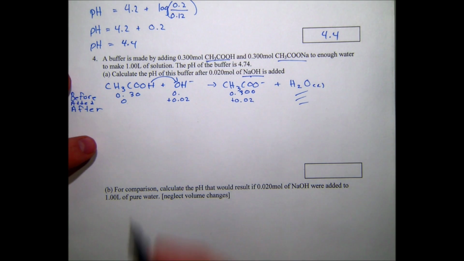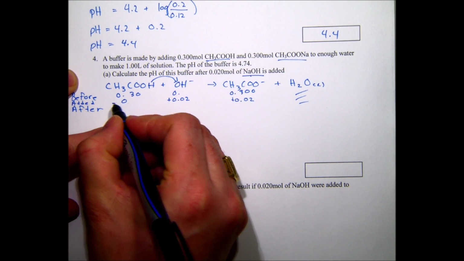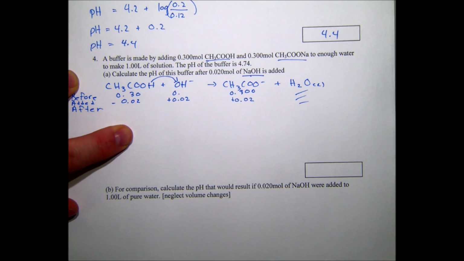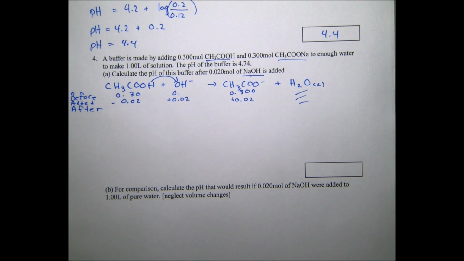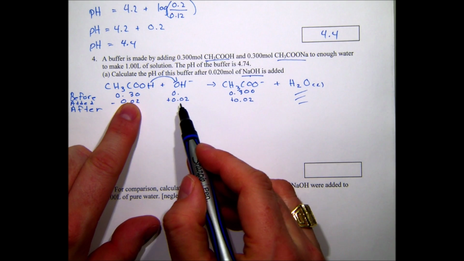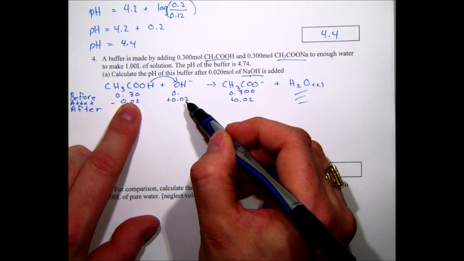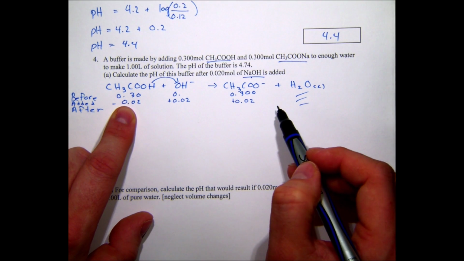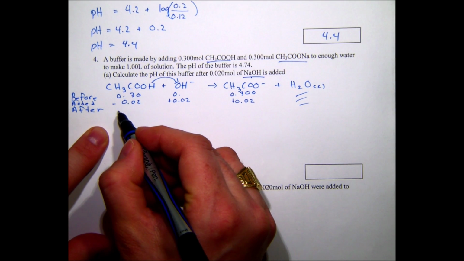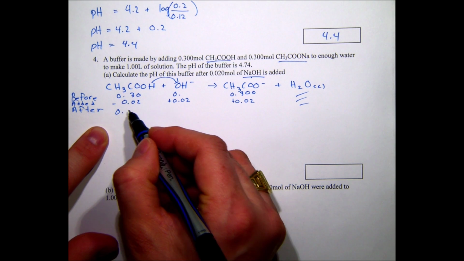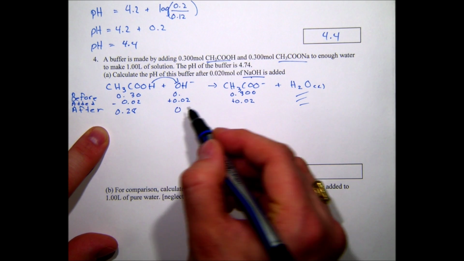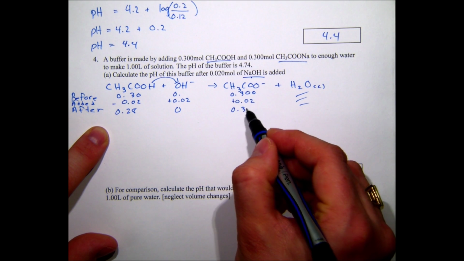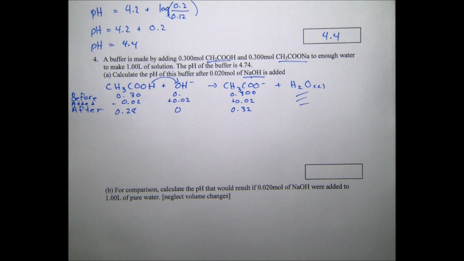Again, some water as well, but it's irrelevant. Now, that means I'm going to have to react with some of this. So I'm losing some acid to react with this. So I've added this. It's going to cause this to react and it's going to disappear. After this reaction, I'm going to end up with 0.28. This will be reacted, and 0.32, and the water doesn't matter.